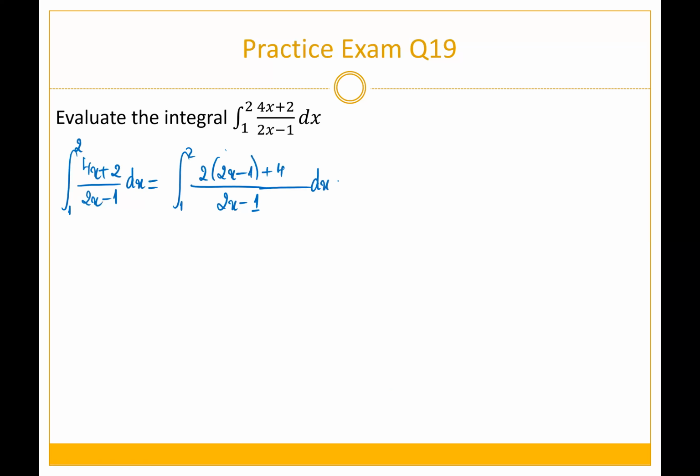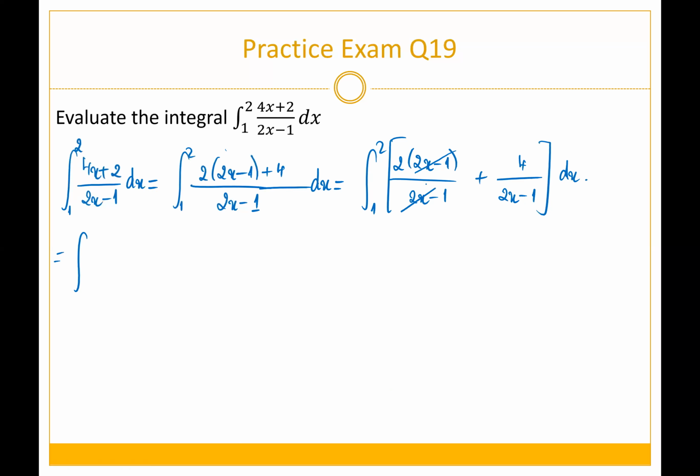Now you can simplify it because you can break this fraction out as 2x minus 1 over 2x minus 1 plus 4 over 2x minus 1, and this entire thing dx. Now it's easier because you can simplify it, which is just going to be 2 plus 4 over 2x minus 1.